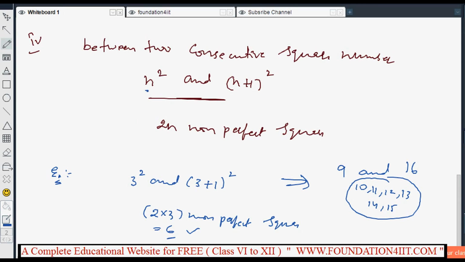In the place of n, we can take any value. Or if I take 5 square and 6 square, 5 square is 25, 6 square is 36. So 2 into 5, there are 10 non-perfect squares in between.